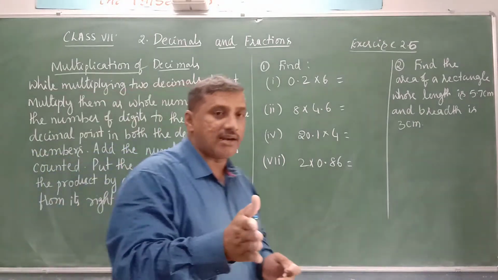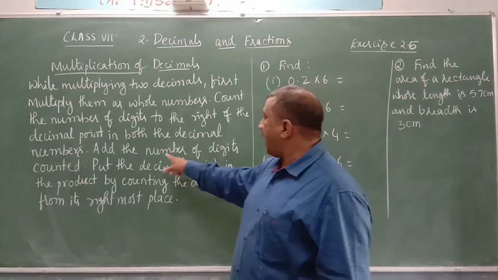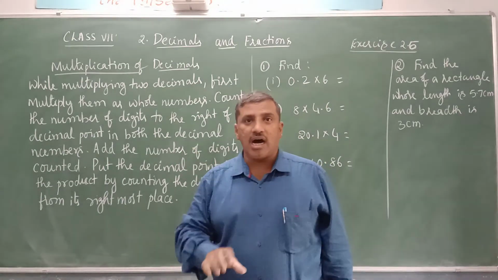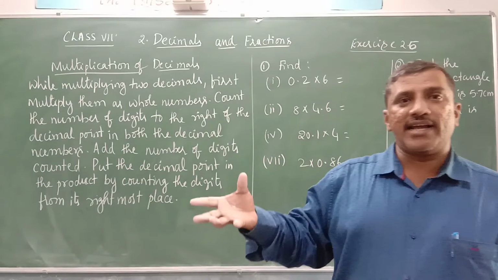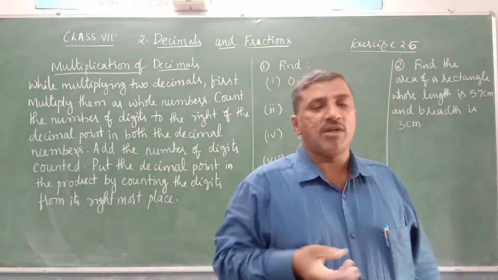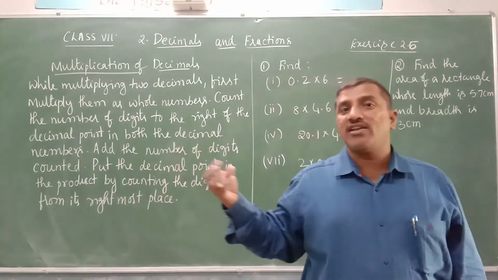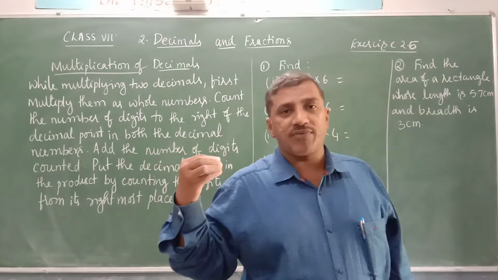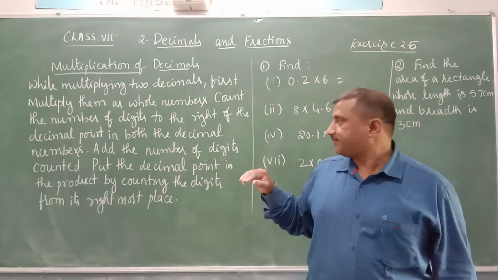How many digits are there after the decimal point in both the numbers? Add the number of digits counted. For example, in the first number 3 digits are there, and in the second number 2 digits are there. 3 plus 2 is 5. So 5 digits in total are there after the decimal point.